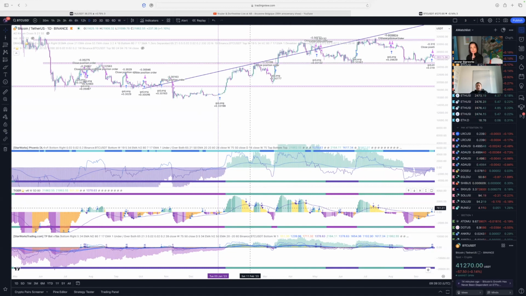And when the fast Phoenix line turns purple, because it goes through the slow Phoenix trend line. Sorry, what I'm trying to do is I'm trying to put myself back there at that time. We don't know how the rest of the year plays out, and we don't know anything. We don't know future bar devs and all that kind of stuff. We only know this. So what would I have done?